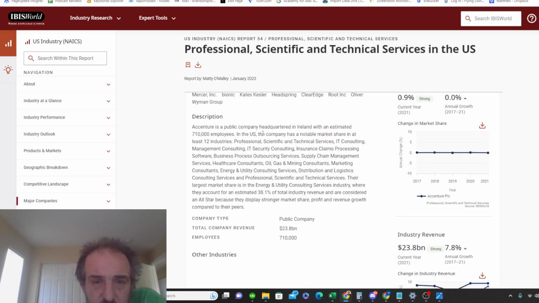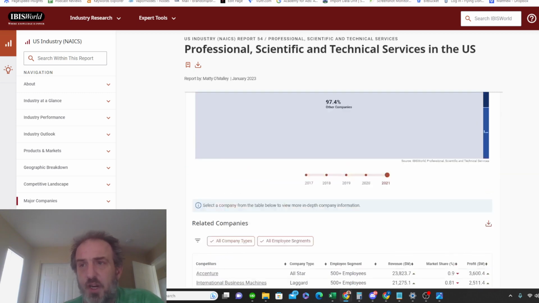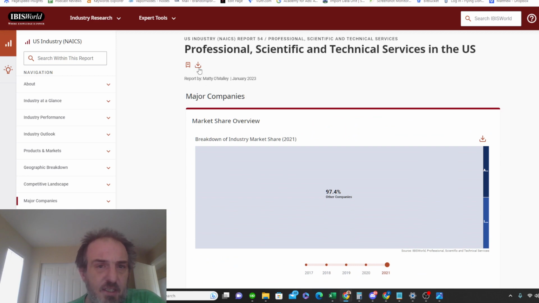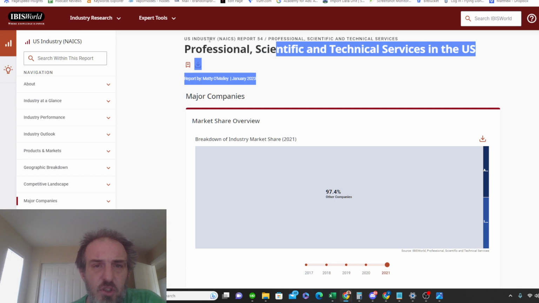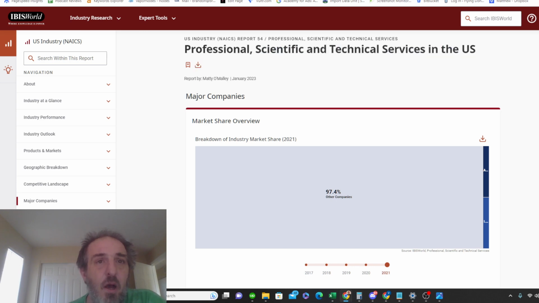This one is professional and technical services, IT consulting, management consulting, IT service, security consulting, insurance claim processing, business. So it's huge. It's a major consulting firm. So that's one way to be able to do that data. And in most scenarios, if you're looking for a really broad one, just go for that one.